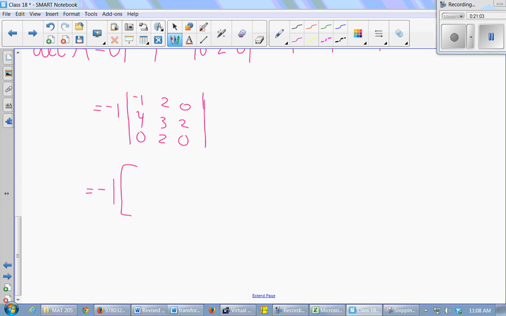Okay, so I'm using row 3. 3 is odd, which means I start with a positive. So this is going to be 0 times a submatrix, I don't care what it is, plus 2 times a submatrix that I get when I eliminate that column and that row. So that leaves me with -1, 4, 0, 2. That's a -2.